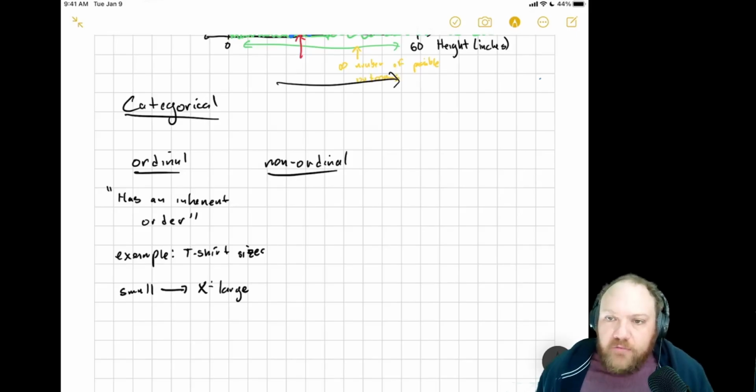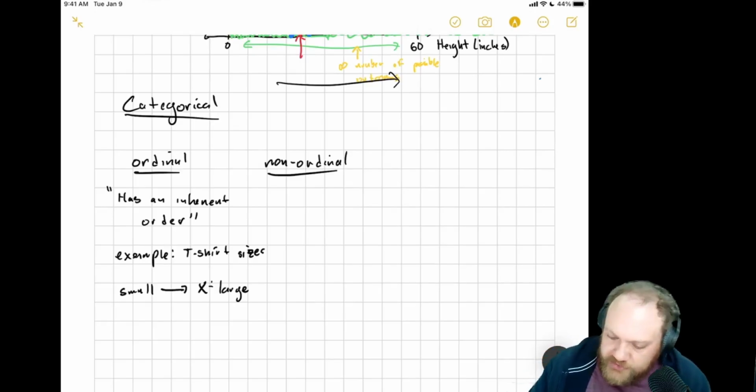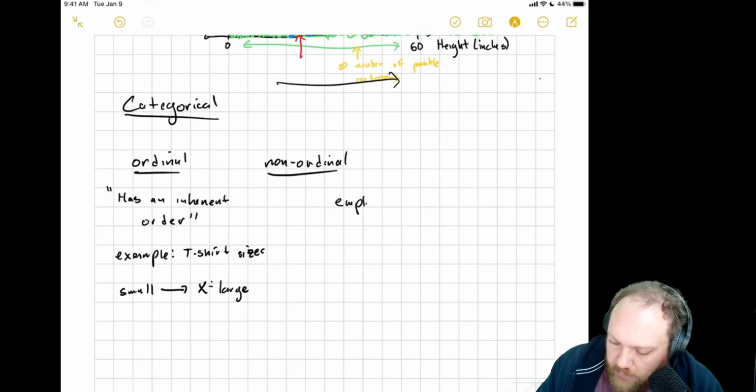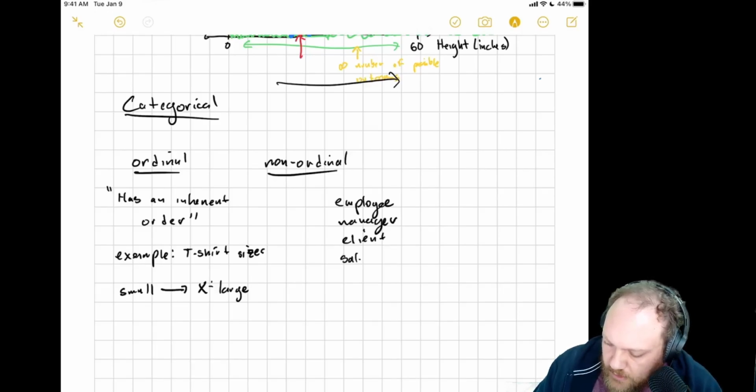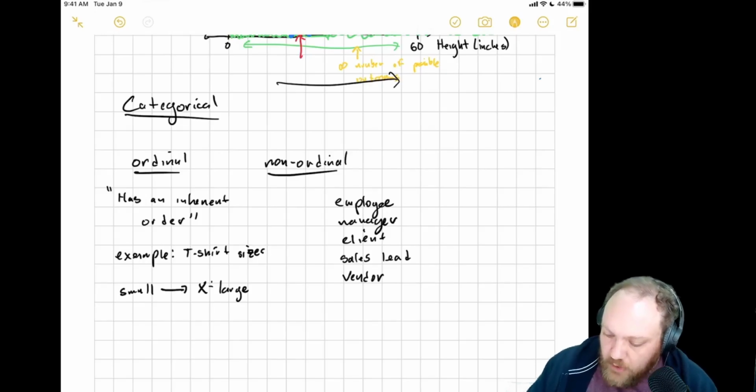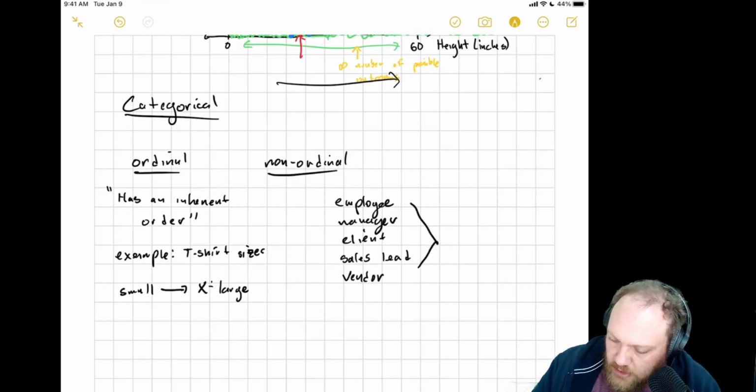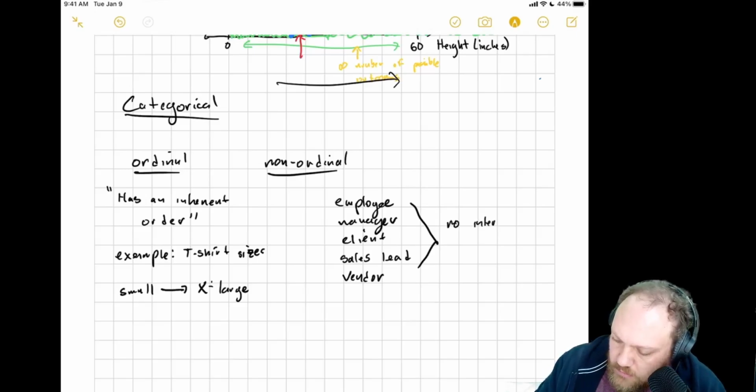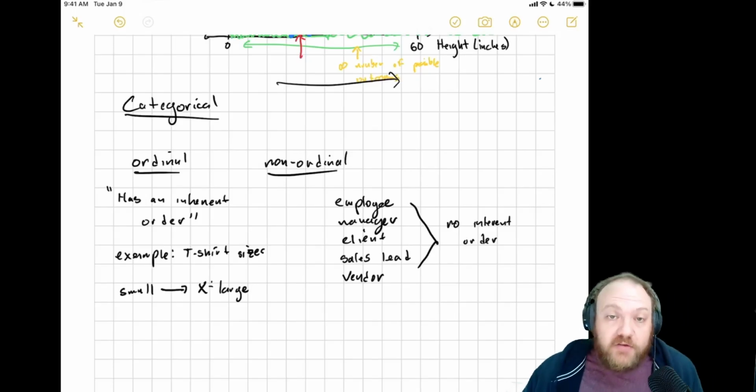If maybe I'm collecting data about some individuals and my categories are employee, manager, client, sales lead, and what's another type of client? Maybe a vendor, right? Someone who sells my business something, right? There is no inherent order to these different categories of people, right?